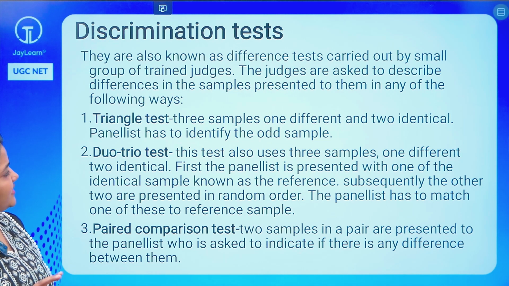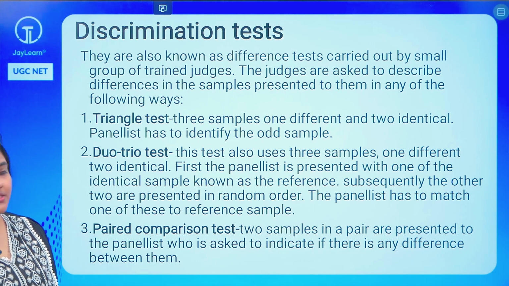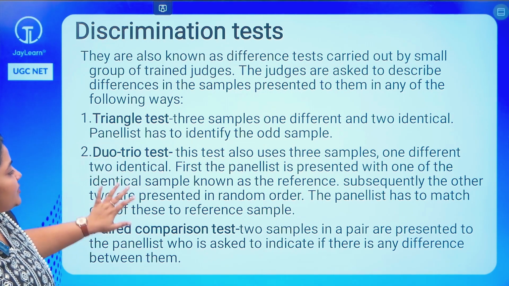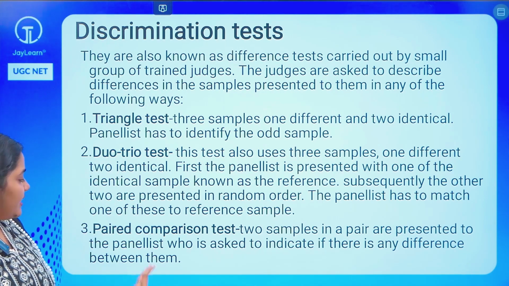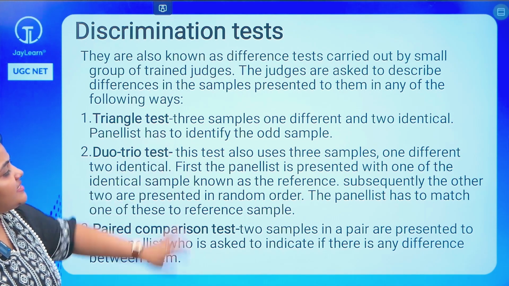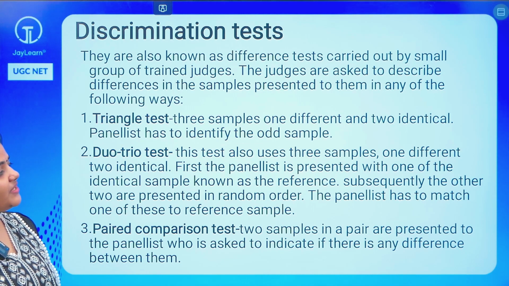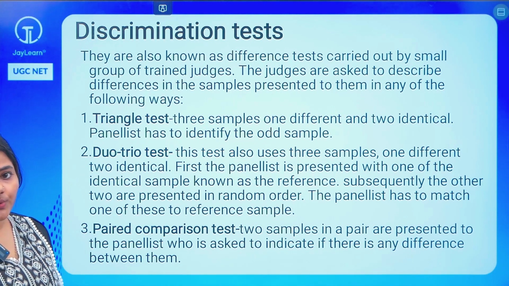So in discrimination test, we have 3. One is triangle test, duo-trio test, and paired comparison test. In triangle test and duo-trio, there are 3 samples. In paired comparison, there are only 2 samples. In triangle test, again, 1 different and 2 identical. He is asked to identify the odd one out.